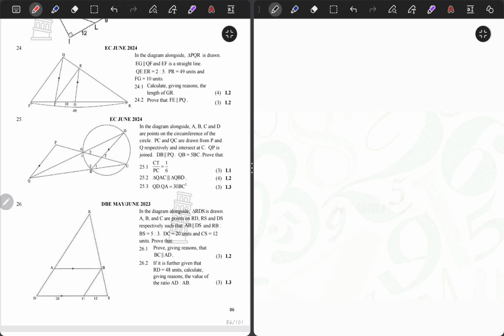QP is joined, and we've got the lines which are parallel, DB parallel to PQ.